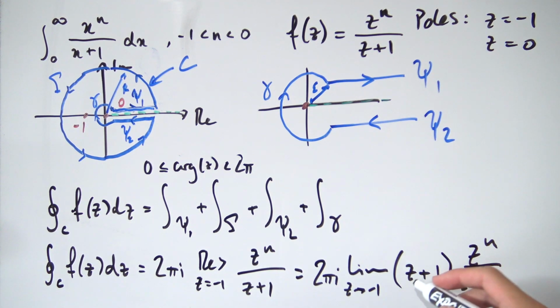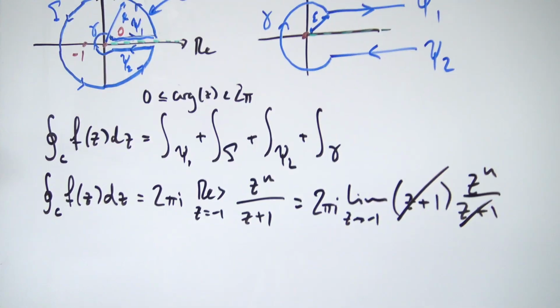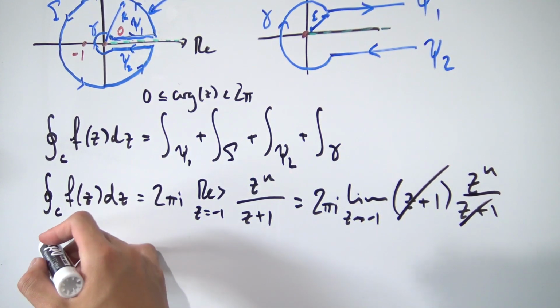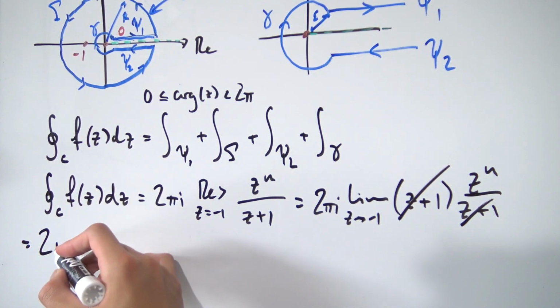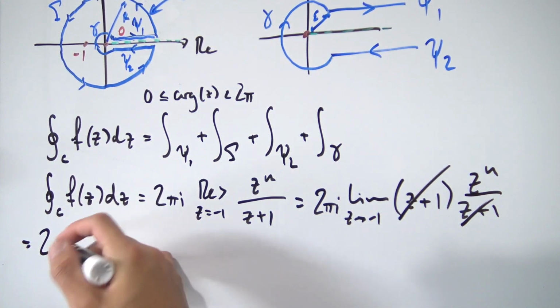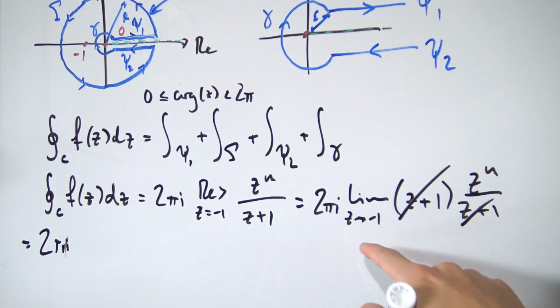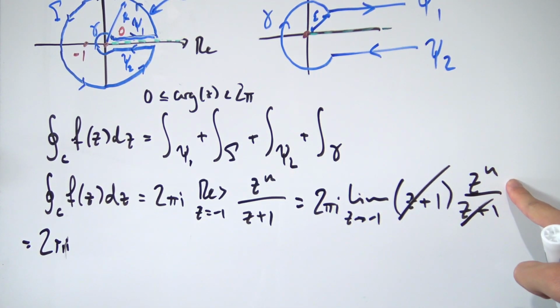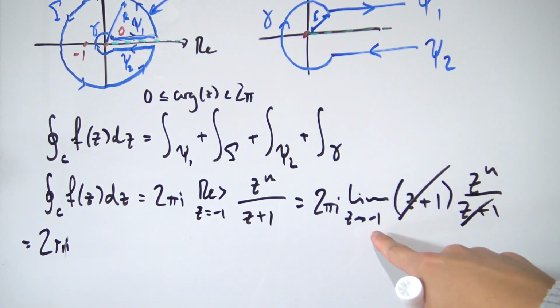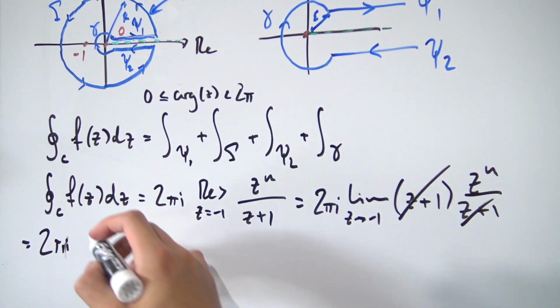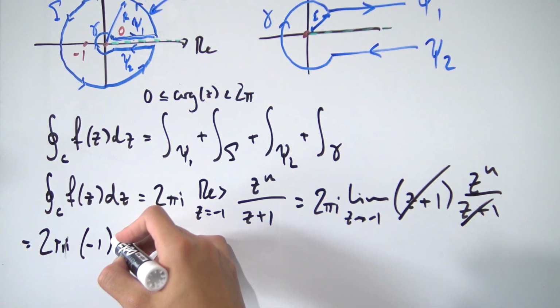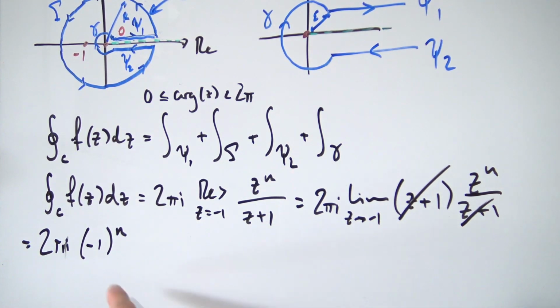And the nice thing is, this and that will cancel out, and we're left with a really easy limit to evaluate: 2 pi i times the limit as z approaches -1 of z to the n. Nothing will blow up, so we can just substitute -1 for z, giving us -1 to the nth power.